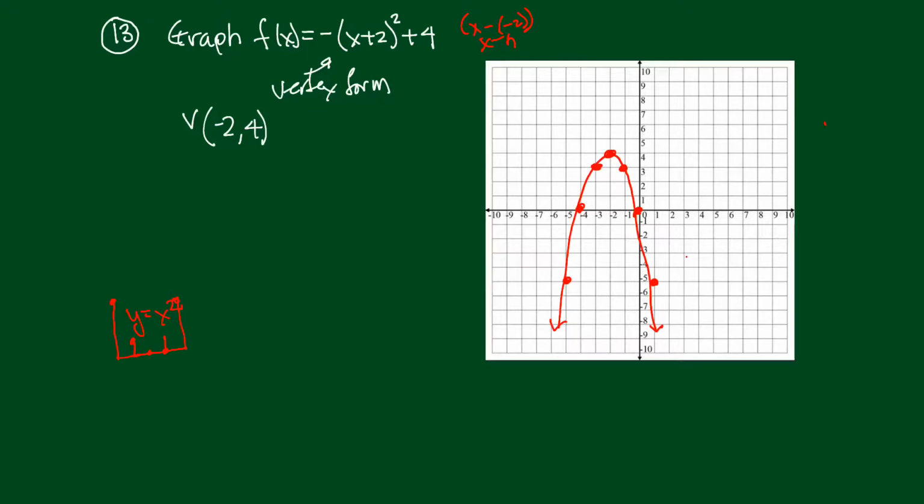So back up here, I'm going to put that to be 0. We get 0 is equal to negative x plus 2 squared plus 4. Let's add that to both sides. We'll get x plus 2 squared equals 4. Let's take square roots.